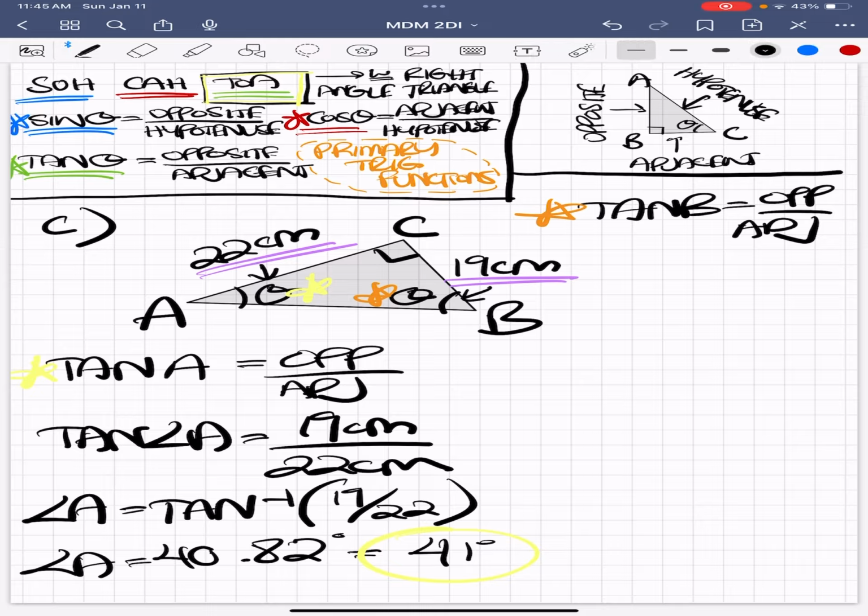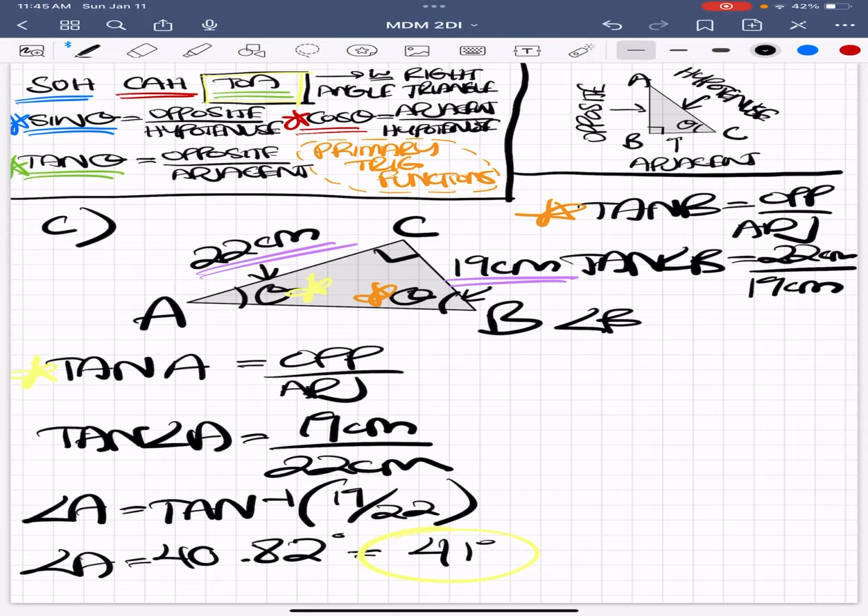So we have tan angle B. We're going to input the values of opposite over adjacent. And we have angle B being the inverse function of tan, 22 over 19.